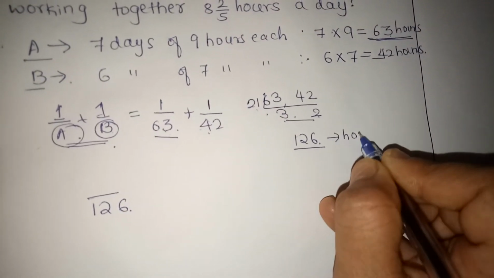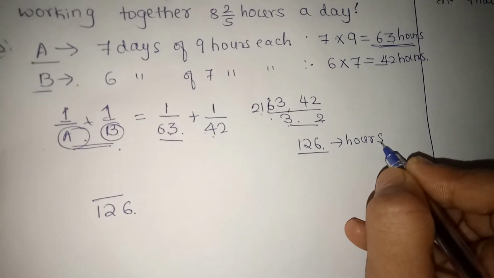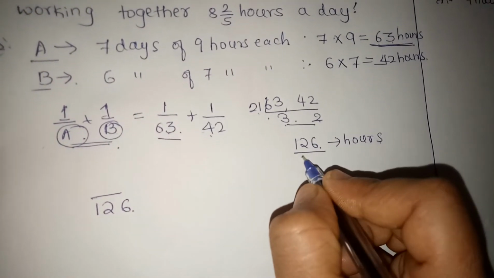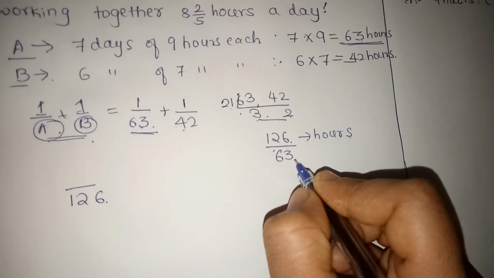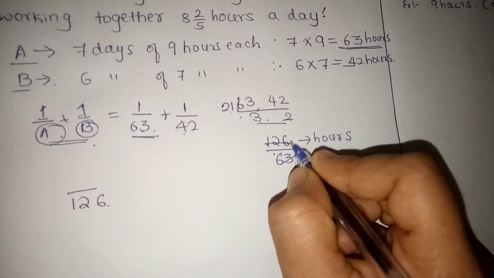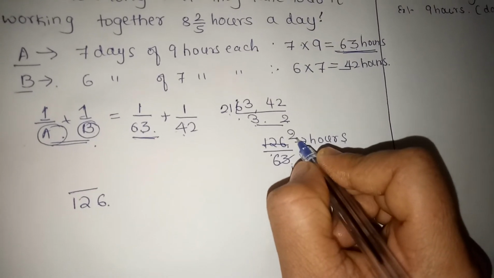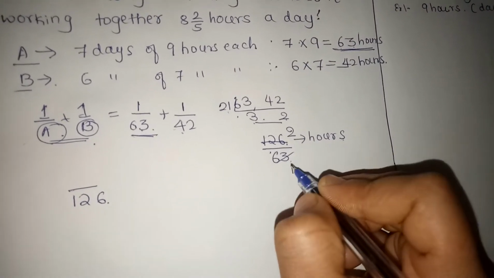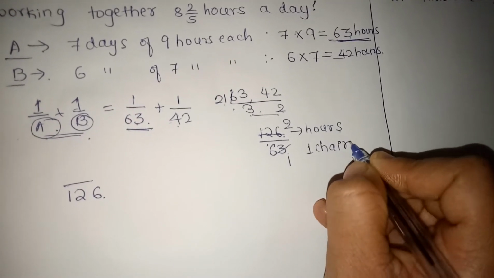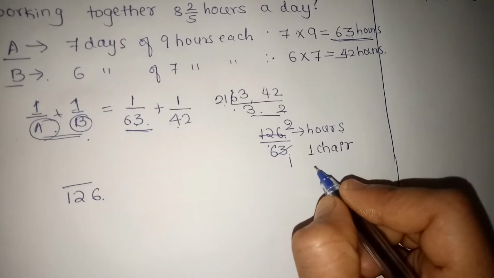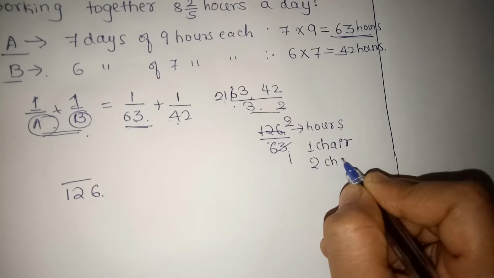Now 126 is the total hours, and in these 126 total hours, if A works 63 hours, then how many units of work is he going to do? That is 2 units of work. It means in 63 hours he does one chair, then in 126 hours he can do 2 chairs.